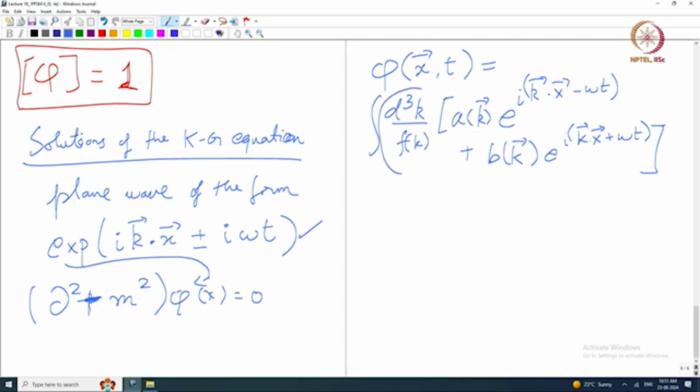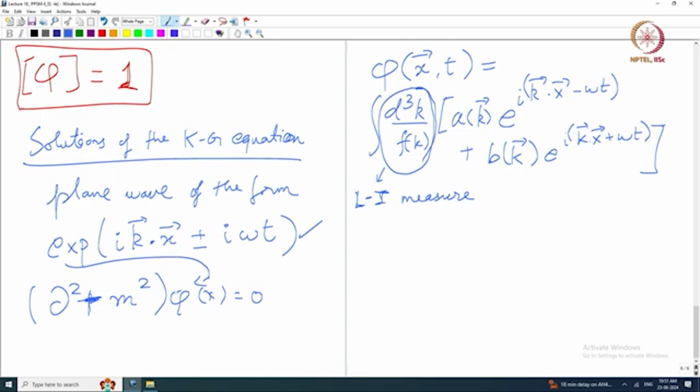And why did I write it in this odd form? I want to ultimately write a Lorentz invariant measure. Okay. So, I want to find out what the Lorentz invariant measure is. Since I do not know how to derive it yet, but we will see it soon, I am just going to write a generic function f(k) in the denominator, just to remind myself that this combination is Lorentz invariant. Okay.